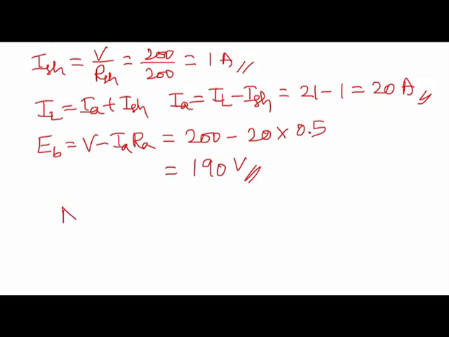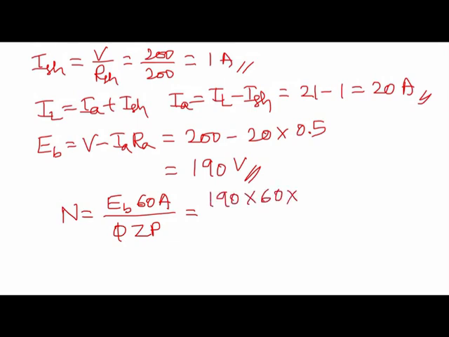From this we can calculate N is equal to EB 60A by ΦZP. Upon substituting all the values, it is 190 into 60 into the number of parallel paths, which equals the poles P, that is 4, divided by the flux 30 milli into 10 power minus 3, into the number of conductors 800, into the number of poles, again 4.